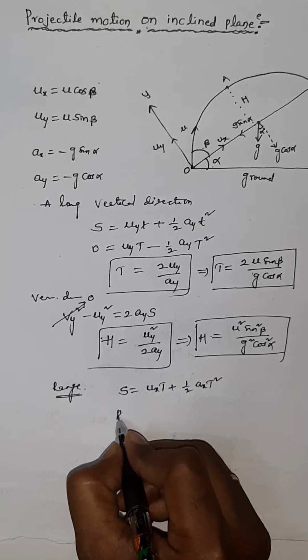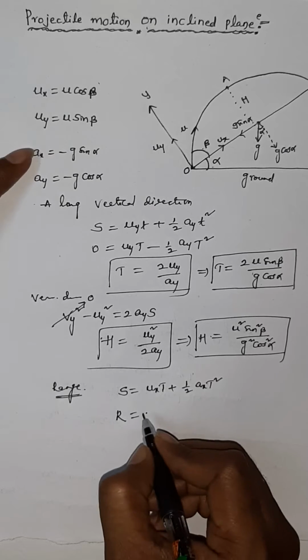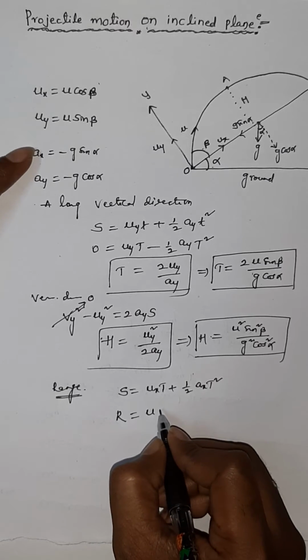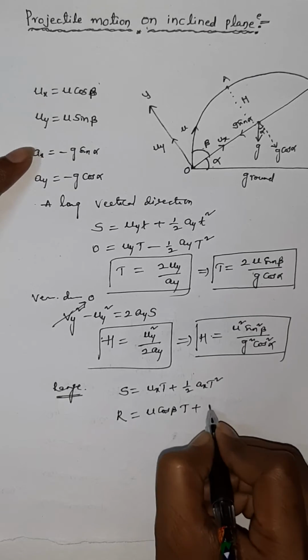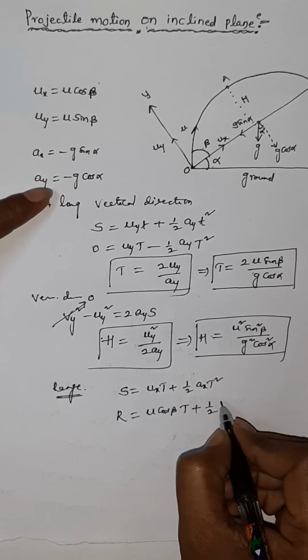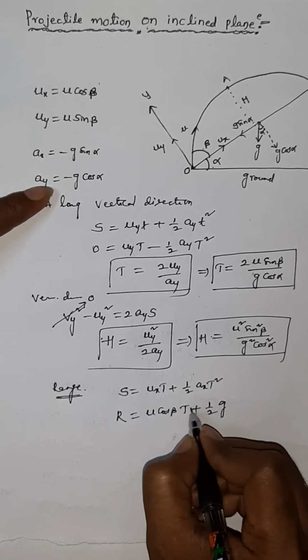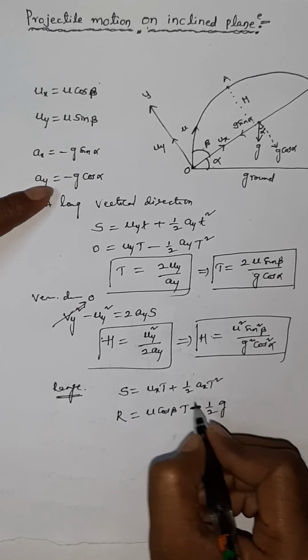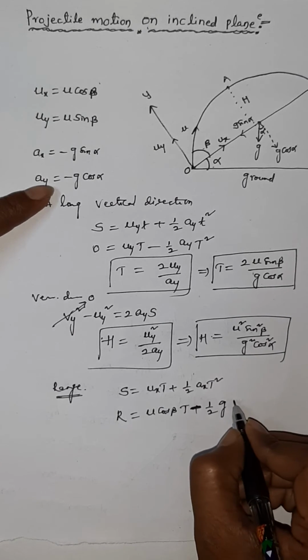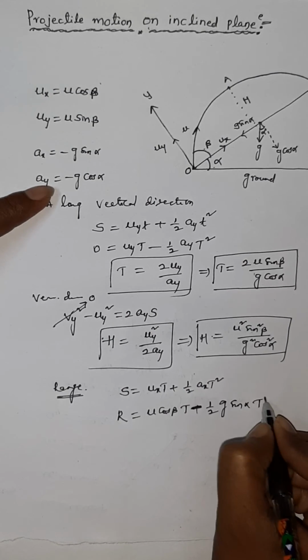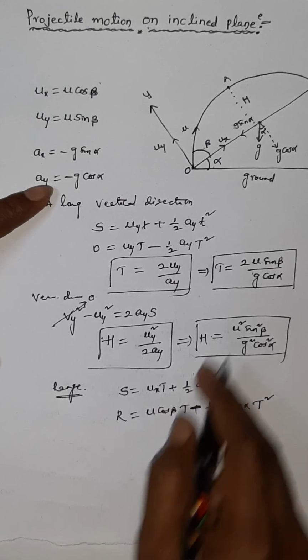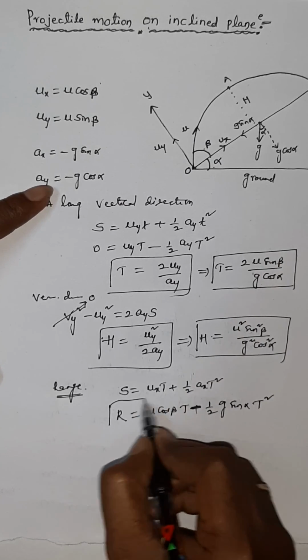So S is nothing but the range, ux is u cos beta into the time of flight, and half into ax, which is g sin alpha. Since the range decreases up the inclined plane, it is minus g sin alpha into t square. Once we substitute the t value here, we will get the range equation.